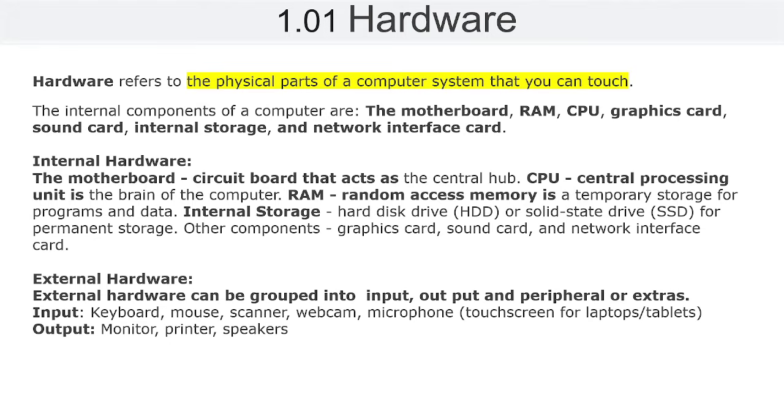They are output because they bring out something. The monitor lets you see something. The printer brings out the printed version of the soft version that you have on your screen. The speaker allows you to hear whatever is happening on your device. Then we also have external storage devices, which only add to the computer to make it a bit bulky but useful.